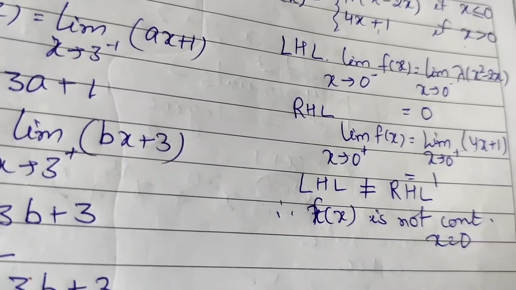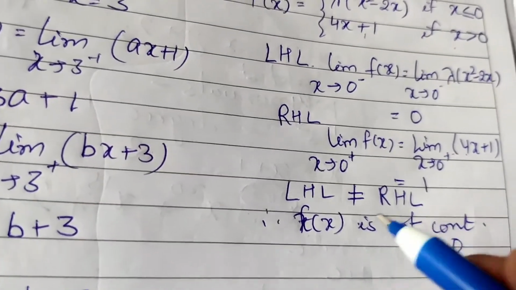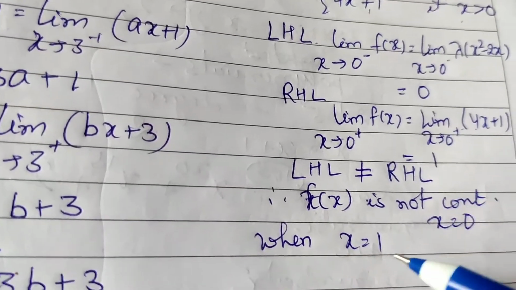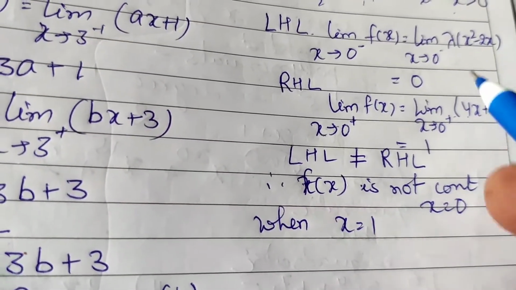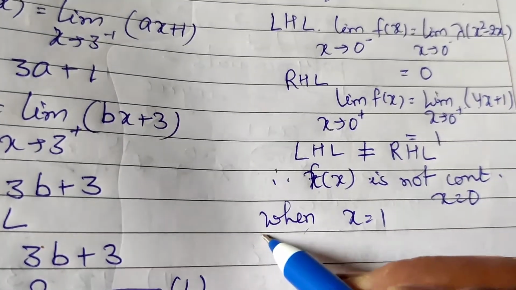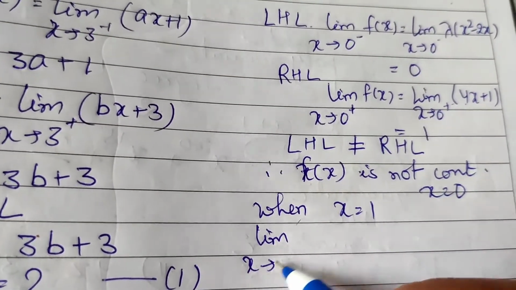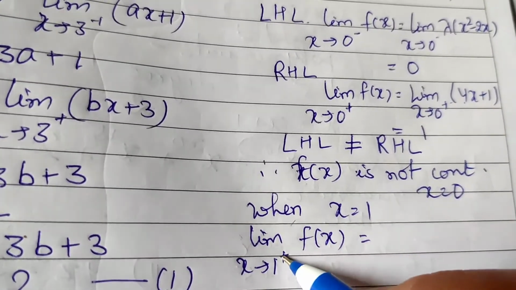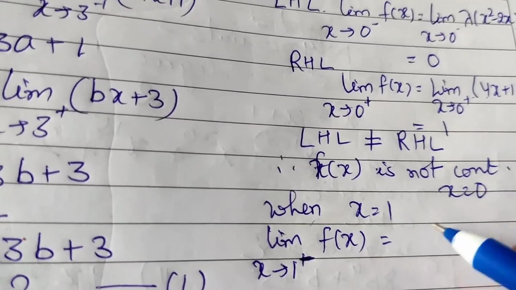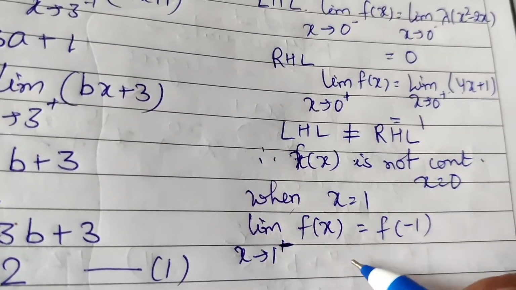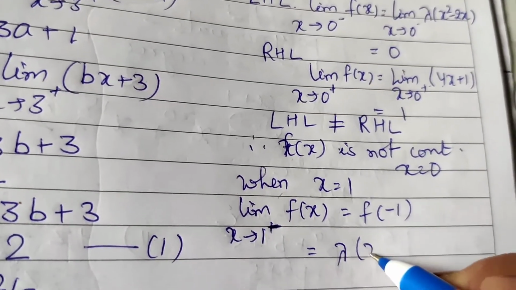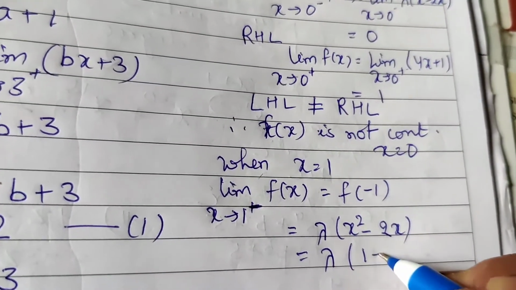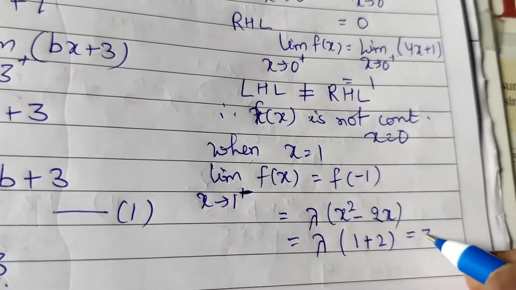Now check for x equal to 1. The question is to check when x equal to 1, and if it is continuous, then find the value of lambda. The function is continuous when the left hand limit, for x less than 1, of lambda x square minus 2x, has the value lambda plus 2, which is equal to 3 lambda.